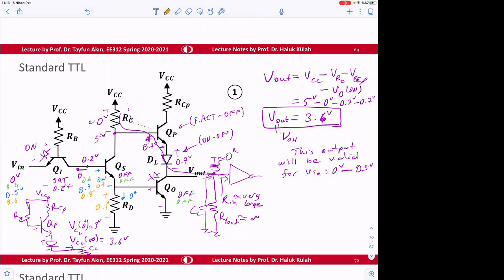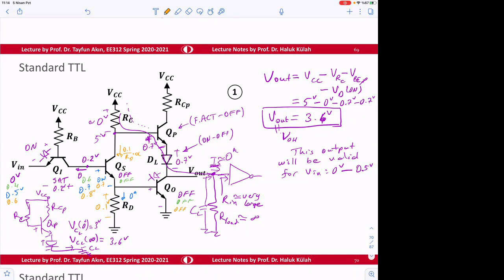So there will be a current here, which is 0.1 divided by RD, times alpha, because that's the emitter current. And since this is still 0.1, this is still off.